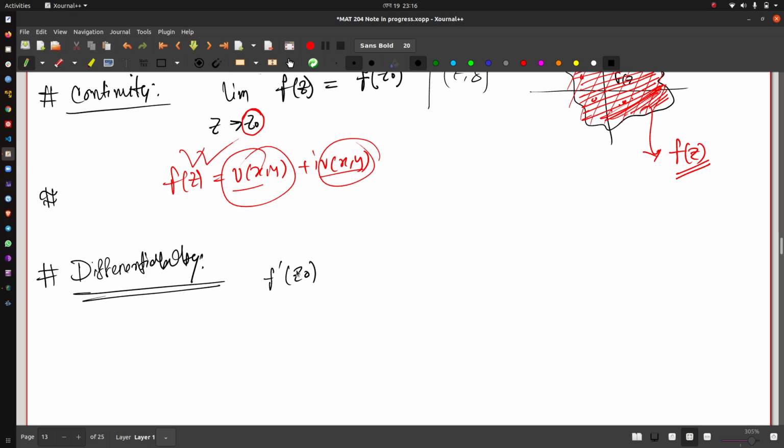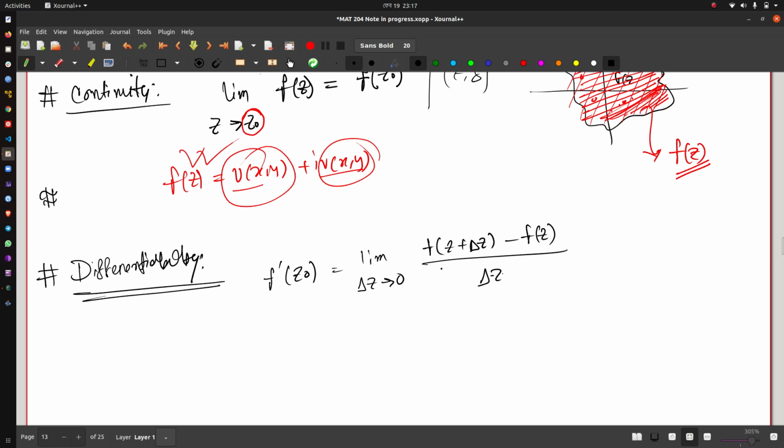So this f prime, that means the first derivative with respect to z at point z0, is defined as the limit of del z goes to 0 of f of z plus del z minus f of z, divided by del z, where del z is just z minus z0.